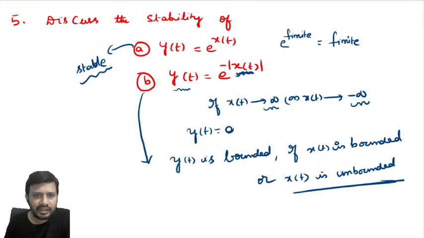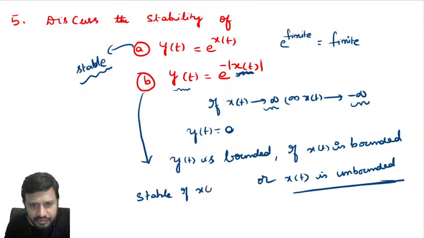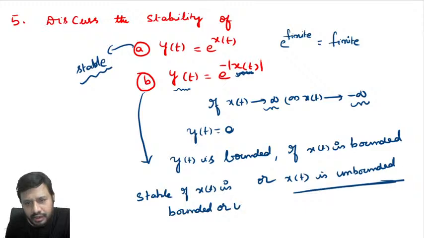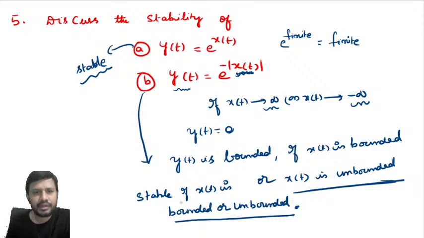So the first one is stable. Second one is stable. The correct answer you can write like this: this is stable if x of t is bounded or unbounded.